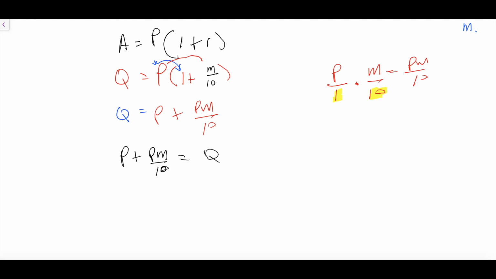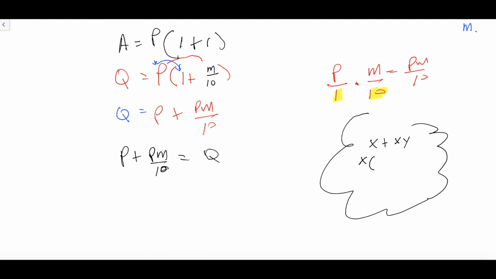Another way to think of it, we have to thought bubble this thing. If you have x plus xy, you can factor out an x. What do you end up with? x times what? x times 1 plus y. Okay, cool.